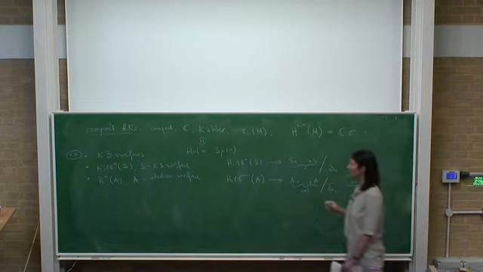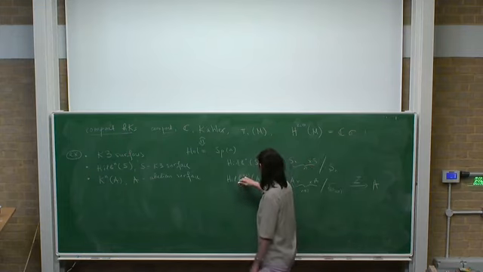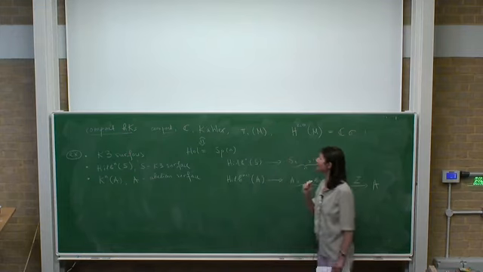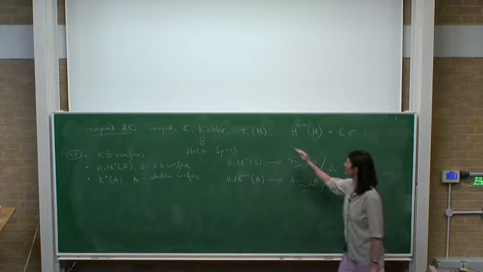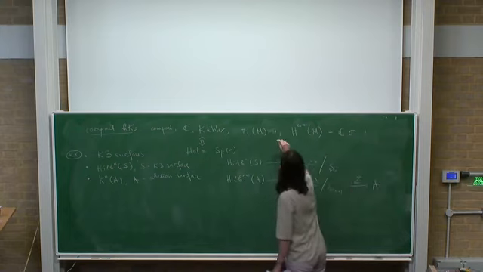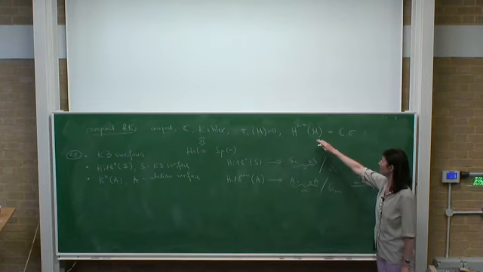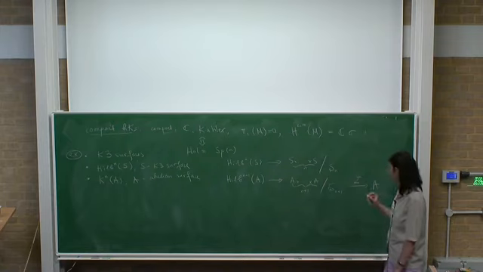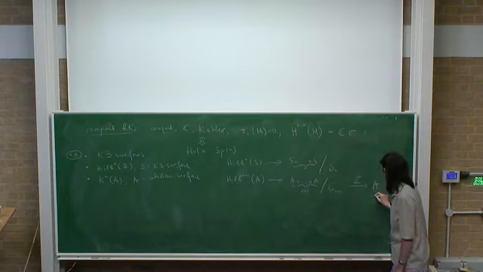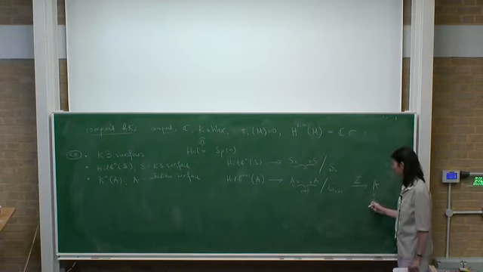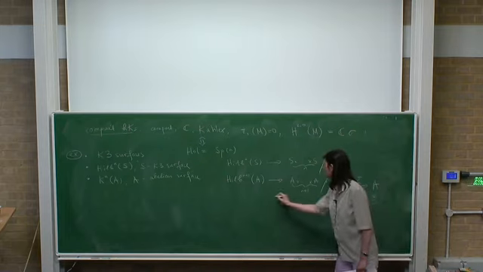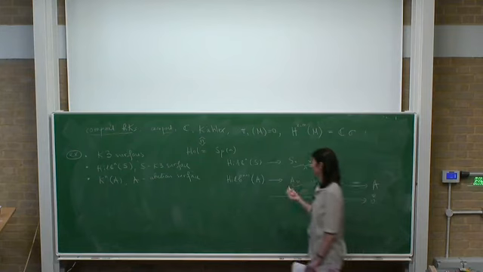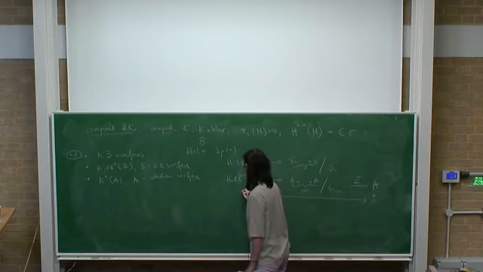The problem with Hilbert n plus 1 of A is that it is not simply connected, and also there are too many holomorphic two-forms. The way to solve this problem is to take some distinguished point on the abelian surface, let's say the 0 point, and then take the preimage of the 0 point and call this K_n(A).